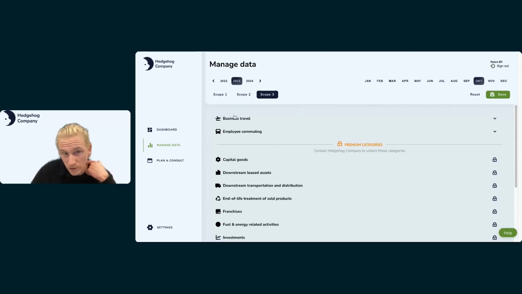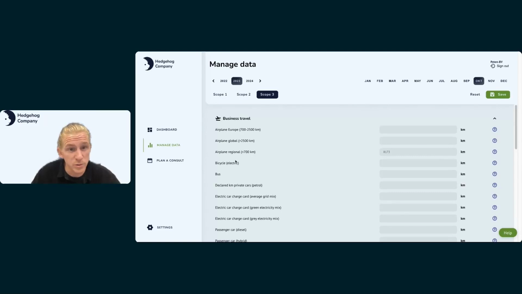Again, here we are looking at the different emission sources in business travel. So I promise to get back to the different distances shortly. When you look here, we had a flight from Amsterdam to Gothenburg, which is just below 700 kilometers.